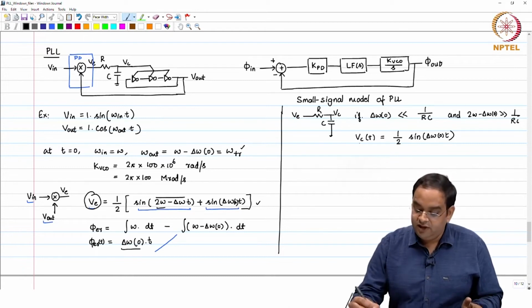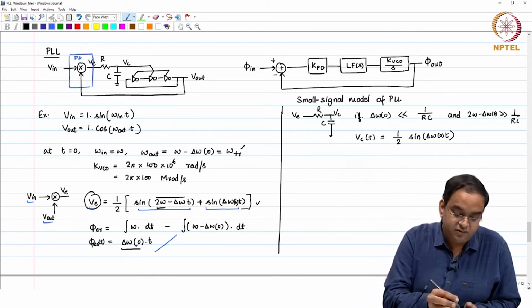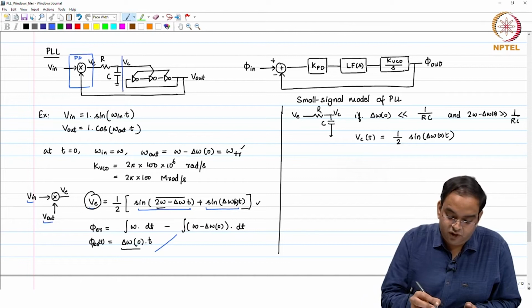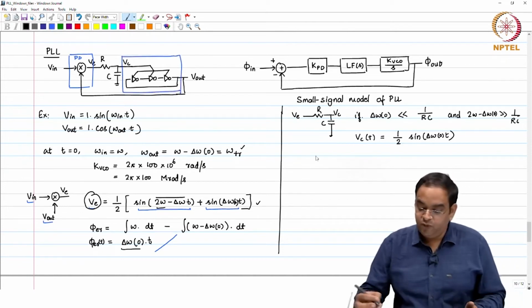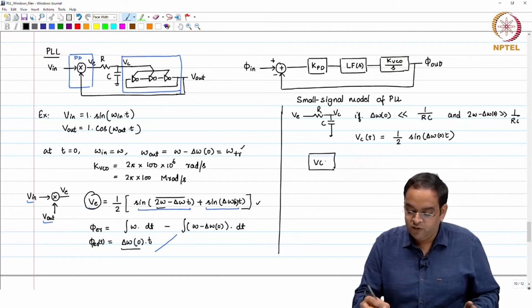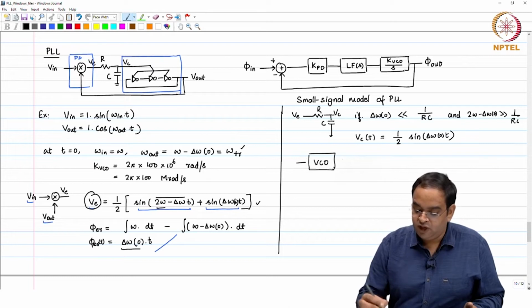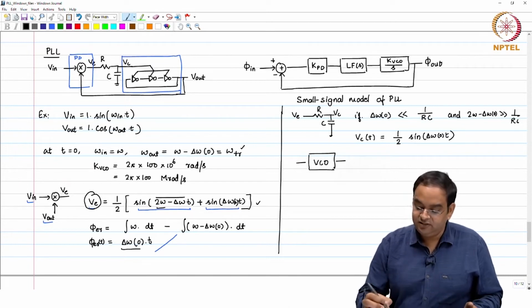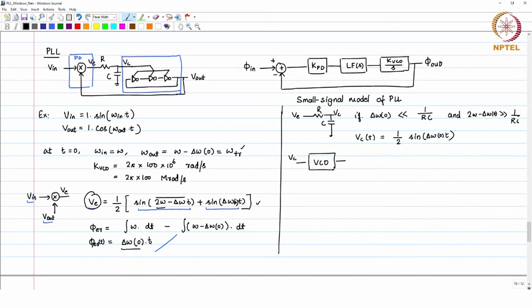Okay. Now, if this is the control voltage and you have an oscillator, this block is your oscillator block, I will just write this as a block, standalone VCO, whose output frequency is controlled by V control.